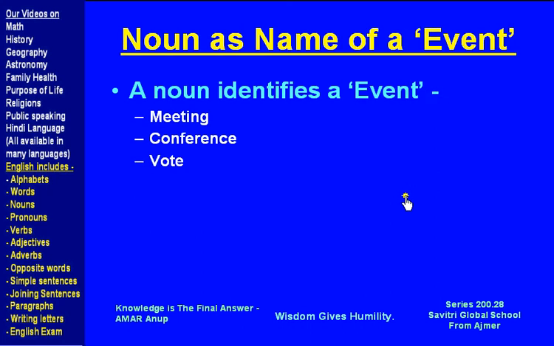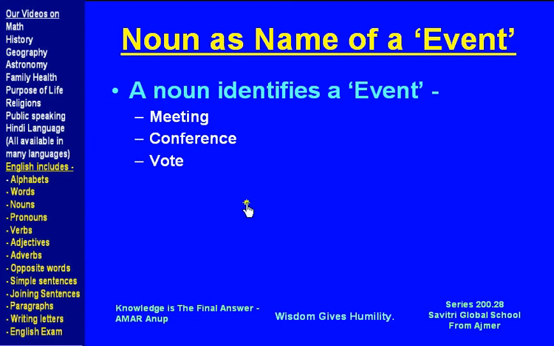Now examples of nouns as events, like meeting is an event, conference is an event, vote, depending on how you use it, it can be a noun or it could be a verb, but all these are nouns.